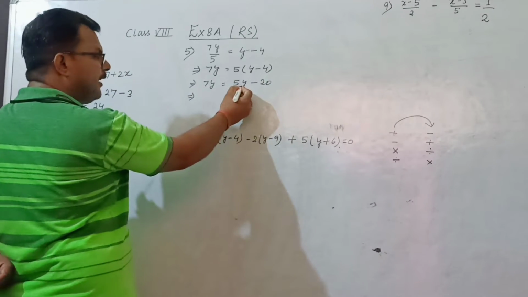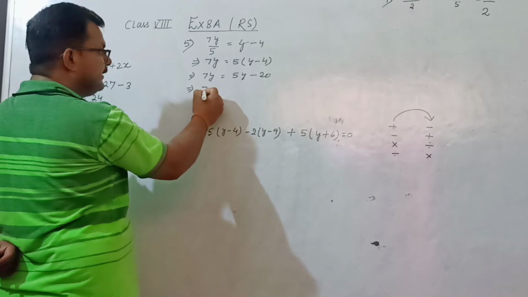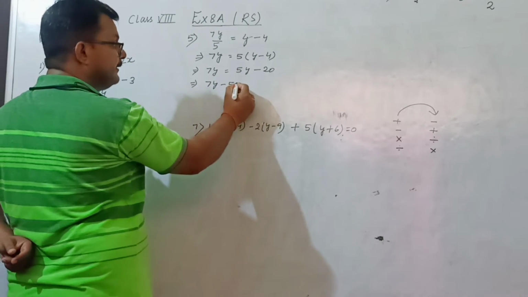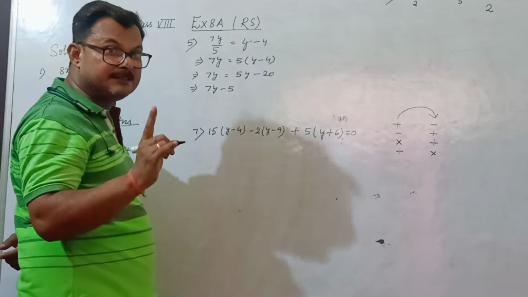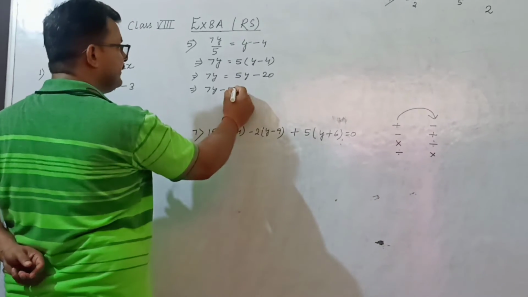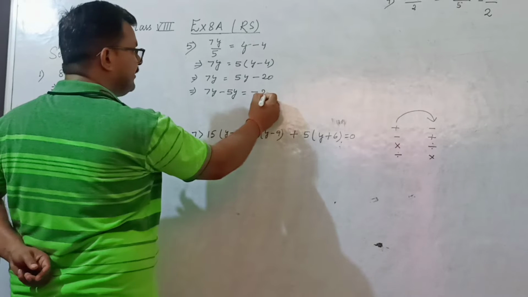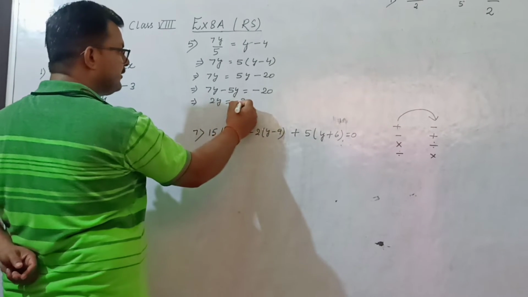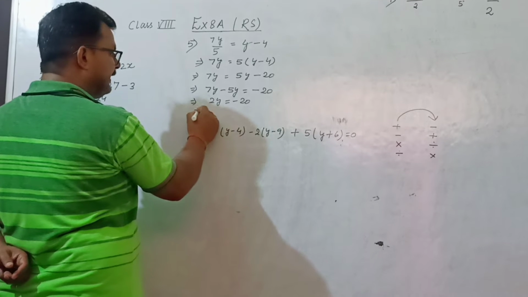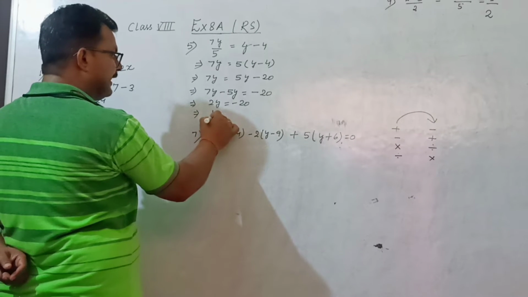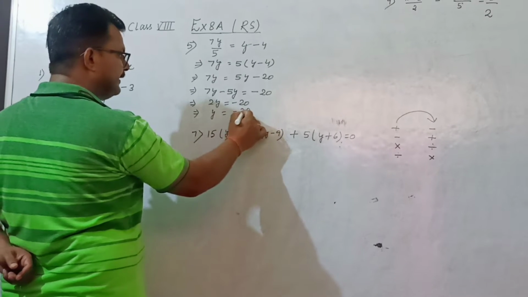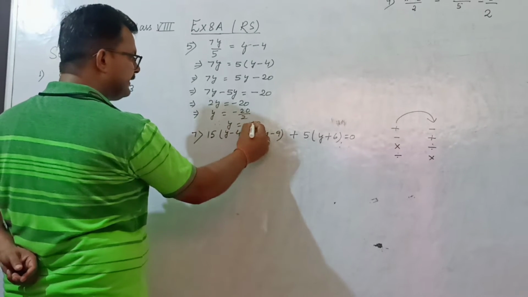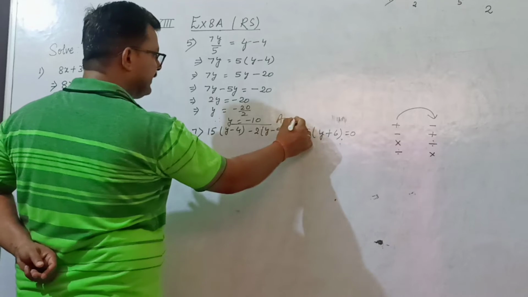Then this 5y will be transposed to the left side, 7y minus 5y, because here is plus. If no sign is mentioned, it means it is plus, remember it. And here minus 20, you subtract, you will get 2y equals minus 20. Again here 2 is multiplying, that side it will divide. Divide by 2, it means the value of y will be minus 10. I hope you get it.